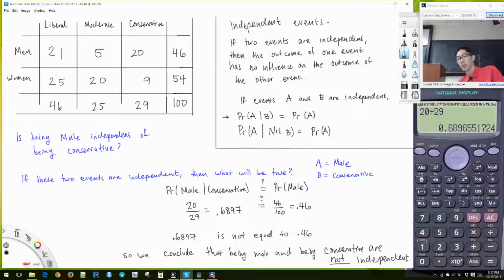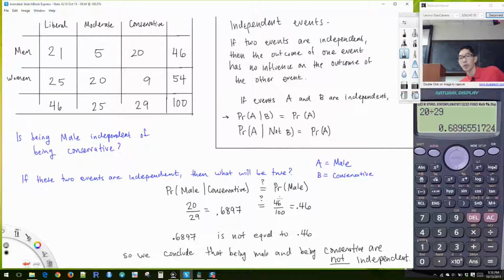All right, and so maybe this part went quickly, but we then calculate these quantities here. Okay, and so I think on the previous pages in your notes, it should be clear how we calculate this. Male given conservative, we look at the total number of people who are conservative, and we say how many of those are male, 20 out of 29. Probability of being male, we say how many people total are there. There's 100, so we're going to do 46 out of 100.